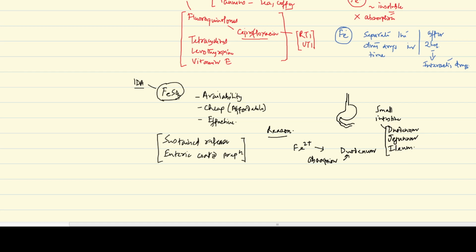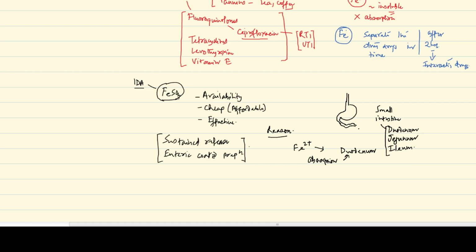Rather, they would move distally and get degraded beyond the jejunum. When they disintegrate, they release the iron away from the duodenum, maybe near the terminal jejunum or the ileum. In this region, absorption is almost nil. So you don't derive any benefit from giving this preparation.